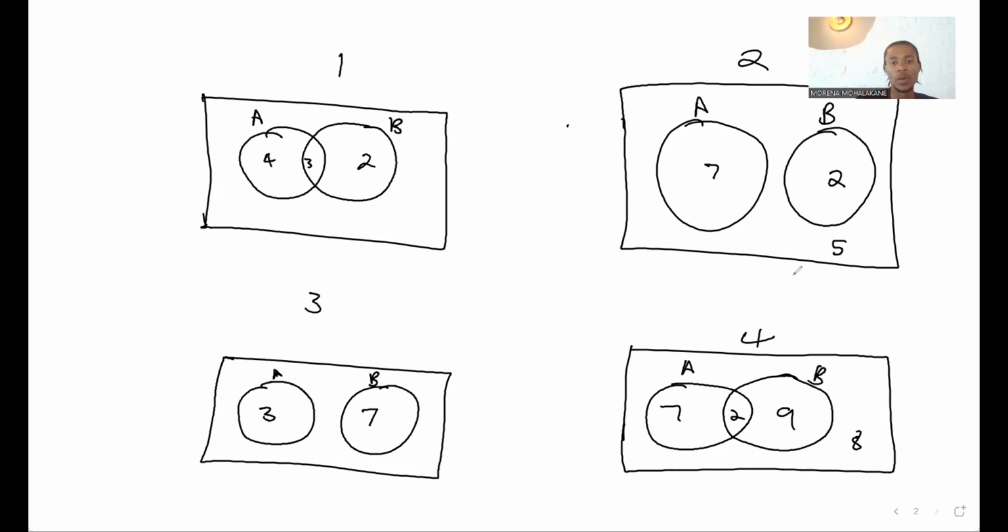Good. Now, there's a difference between these four Venn diagrams. If I look at the first one, there is nothing outside A or B, right? There's nothing outside. There's nothing on the sample. Everything is within the events, right?